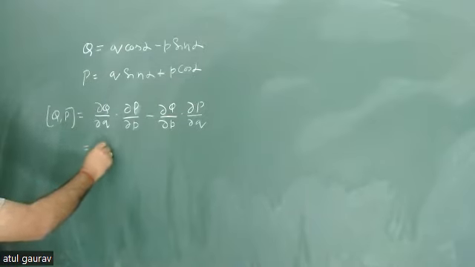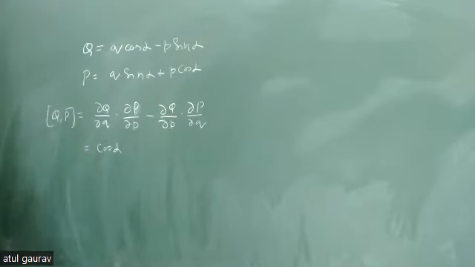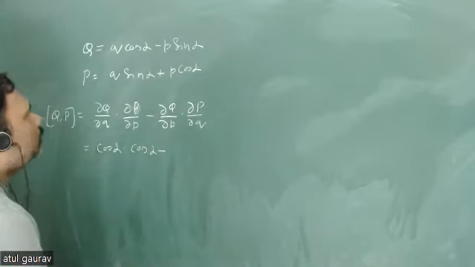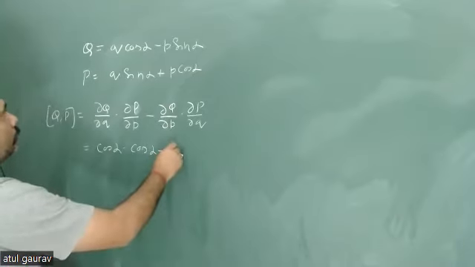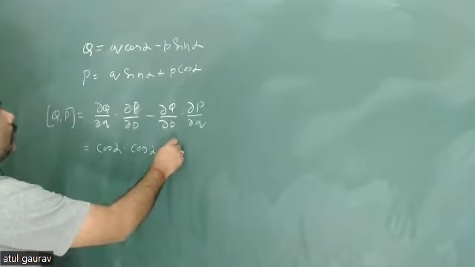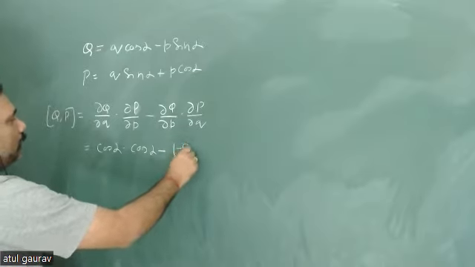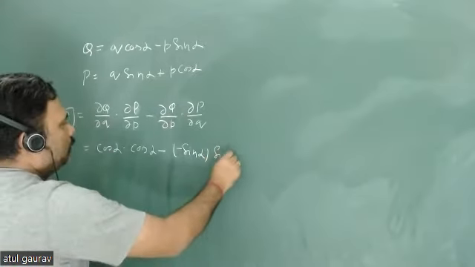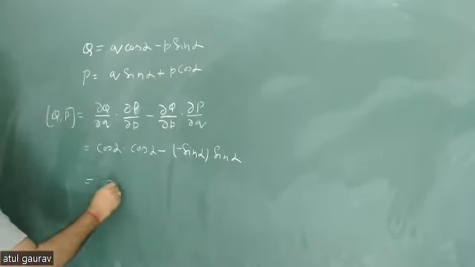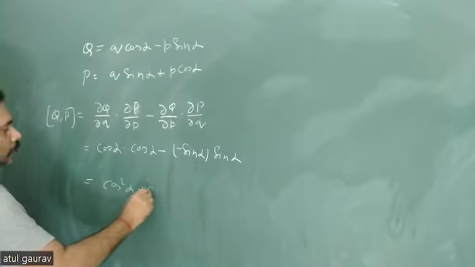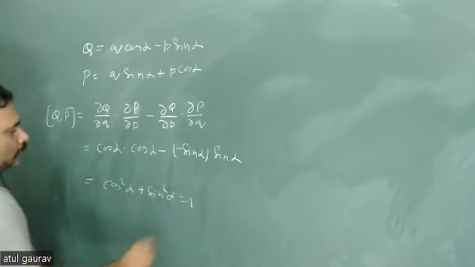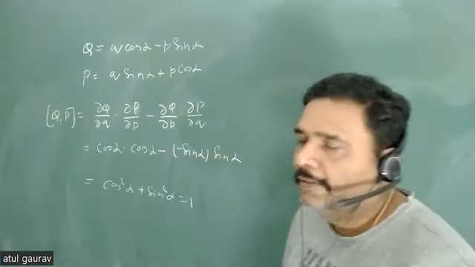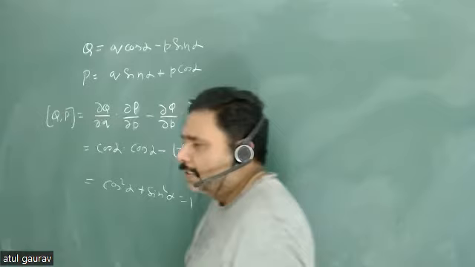So this value is cos alpha. Again, this value is cos alpha. This value is minus sin alpha, and del P upon del q is sin alpha. What will you get? Cos square alpha plus sin square alpha is equal to 1. And yes, this transformation is canonical in nature.